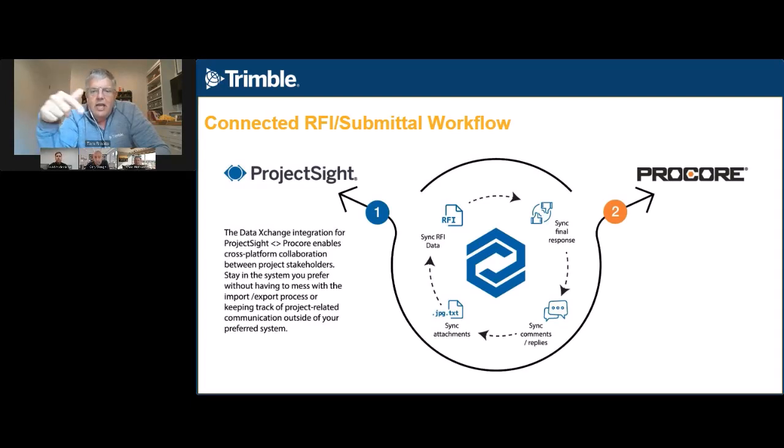Then the answer comes down, it populates everybody's system, and everybody has the right information as close to the source as possible. This is a simplified view, but the idea is you're able to buy and install the solutions that are right for your business and your business processes, so long as they have the ability to connect out. That's our advice anyway.